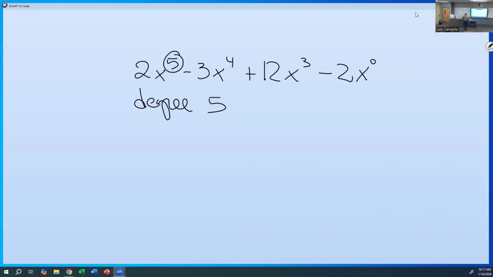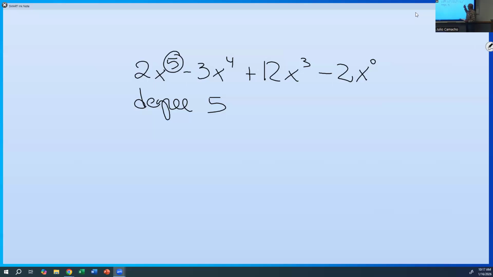Okay. When you go to the bottom... The degree is 5. But who is the leading coefficient? To find the leading coefficient, you need to find what number is multiplied to the variable that has the highest power.